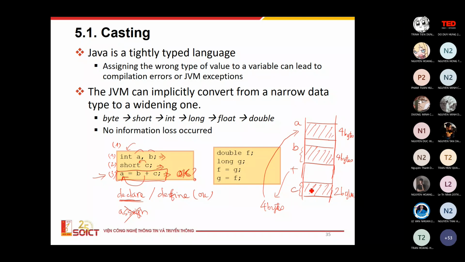You see that when you make the sum between B and C, between 4 bytes and 2 bytes, Java needs to convert C into 4 bytes.